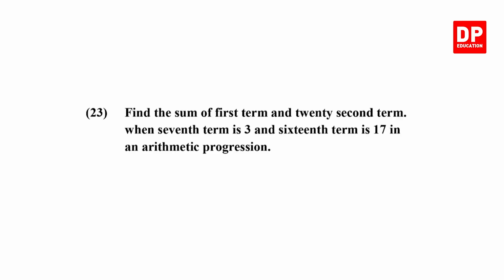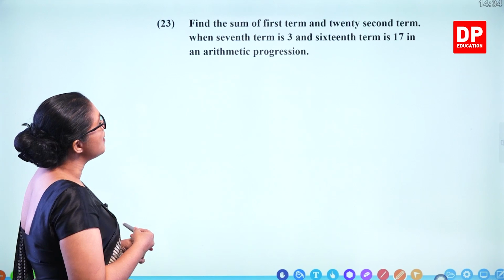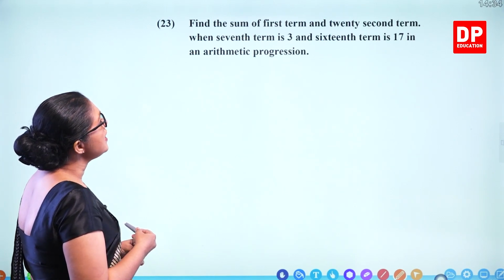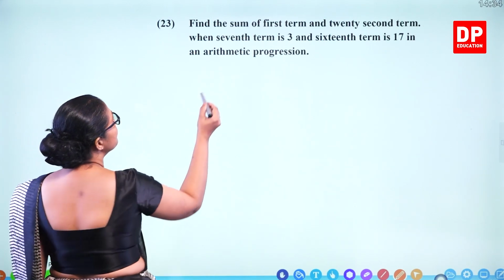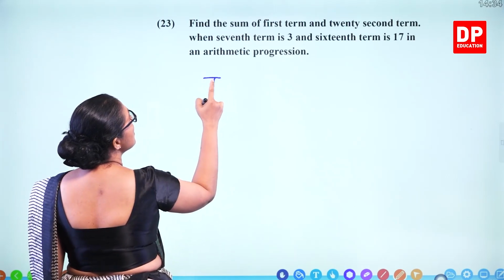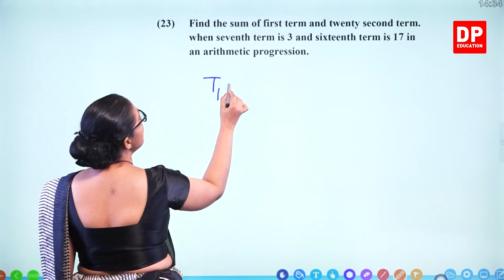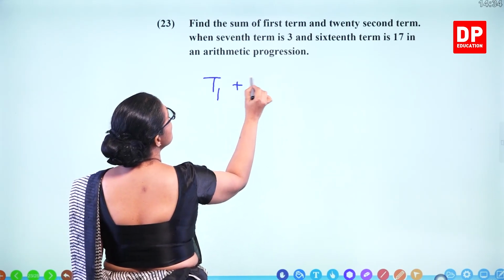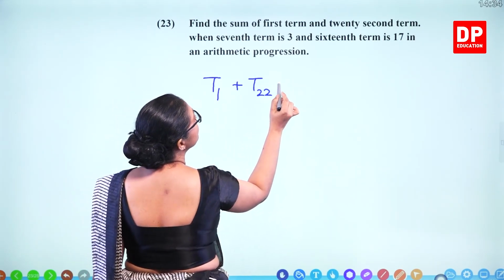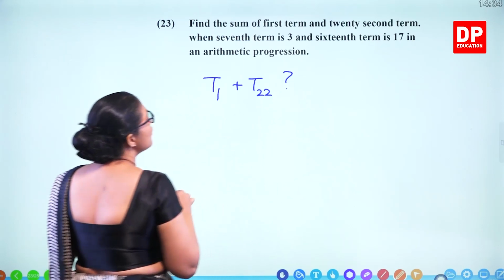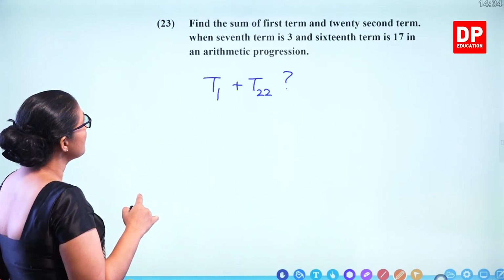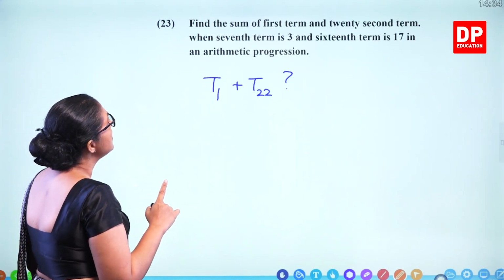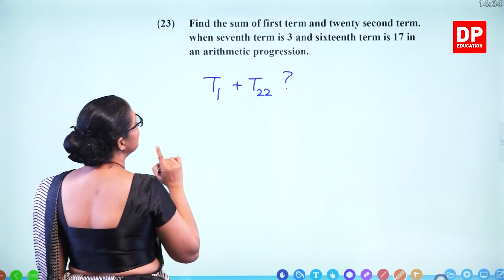Question number 23. Find the sum of the first term and 22nd term. So you need to find this. You are given the 7th term is 3.